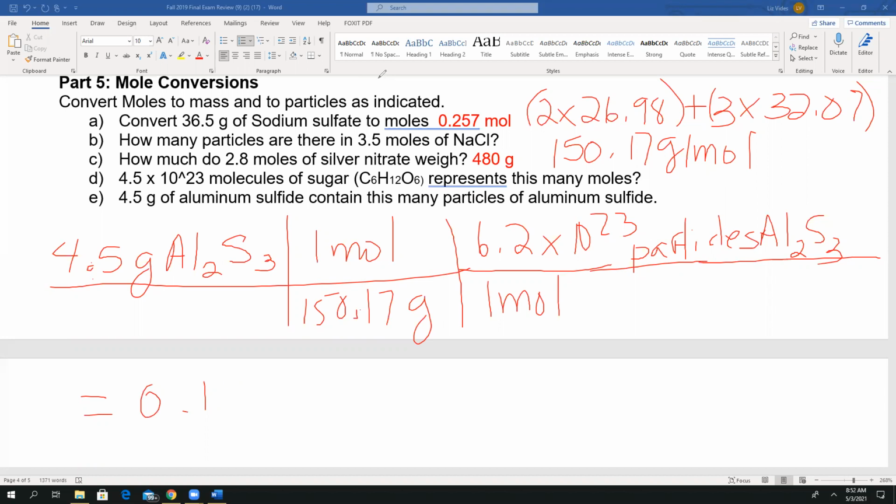and we only have 2 sig figs, so it's 19, because it's 1857, so 19, times 10 to the 23rd. But remember, this needs to move up 1, which means we subtract 1, right? Remember, increase, decrease. So in this case it is 1.9 times 10 to the 22nd particles.